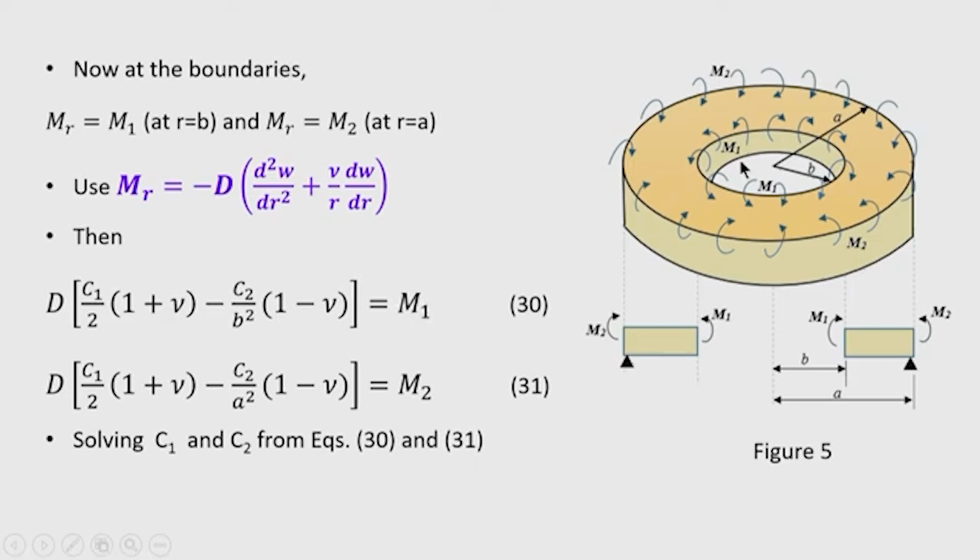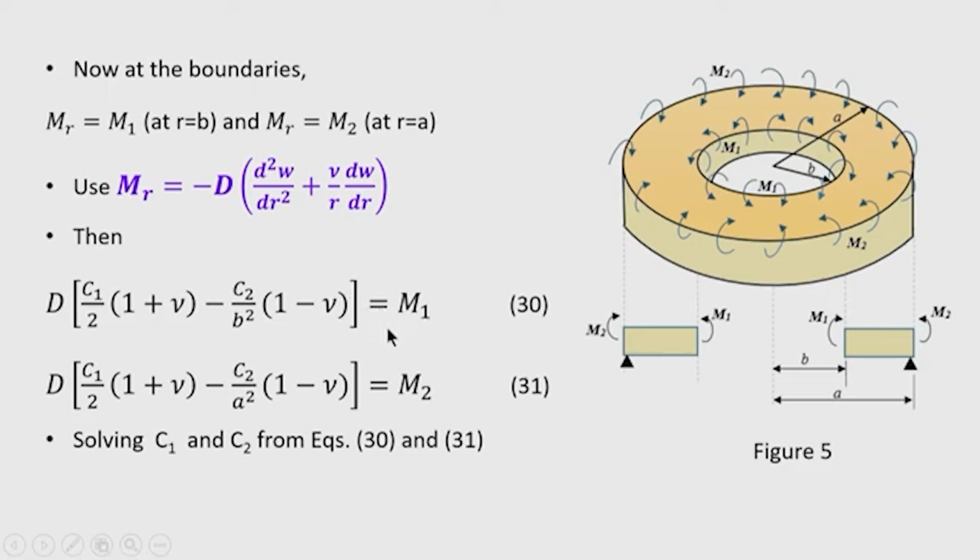And then after applying the boundary condition at the outer edge, that is r is equal to a, we get D bracket C 1 by 2 (1 plus mu) minus C 2 by a square into (1 minus mu) bracket closed equal to m 2.